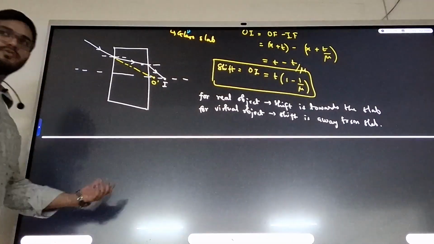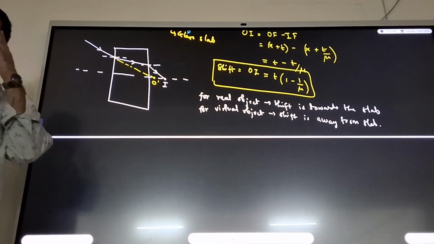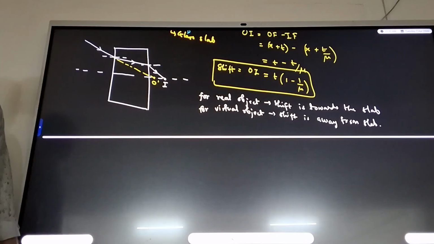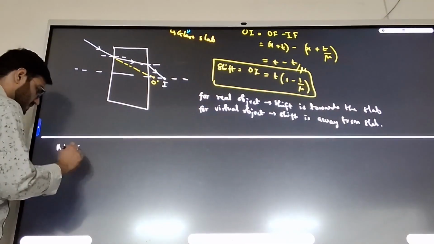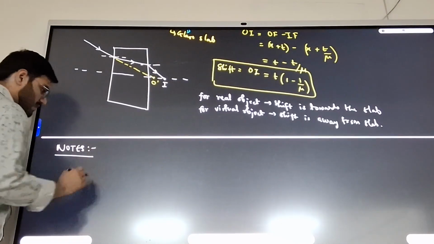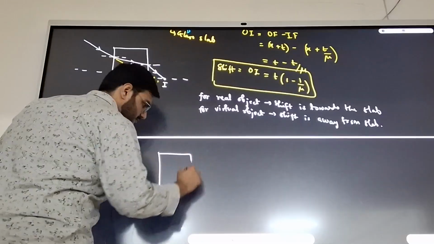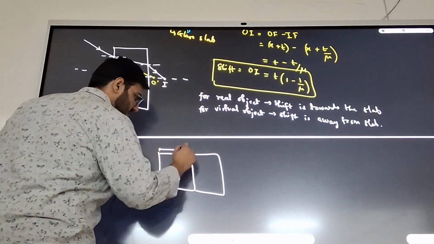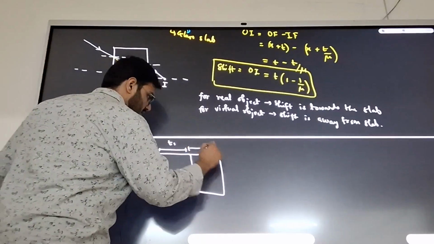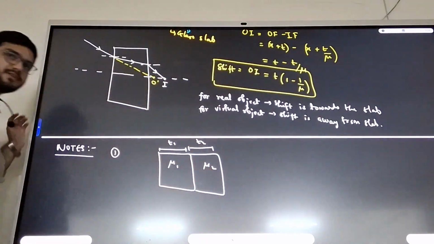What if you have 2-3 glass slabs joined together of some thickness and some refractive indices? Then what happens? Let's say notes. The first note is, if you have 2 glass slabs which are joined together like this, of thickness T1, thickness T2, mu1 and mu2, then how to find the total shift?